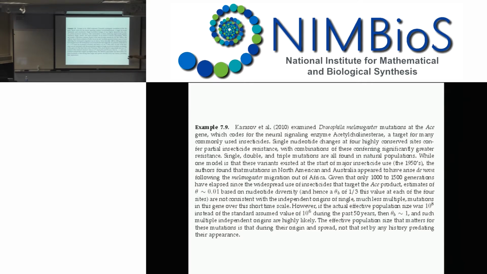And the answer is that this nucleotide diversity estimate of theta is based upon a long-term historical effective population size. If your effective population size was significantly larger in the period where you're looking for these multiple mutations, you could indeed see those multiple mutations. So effective population size based upon nucleotide diversity is a long-term historical average, and your window might be quite different.